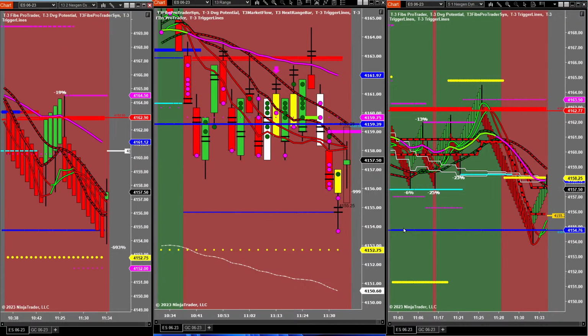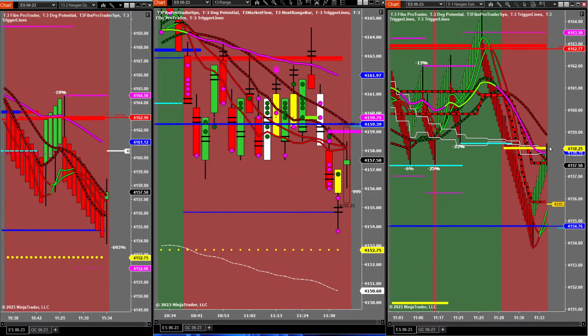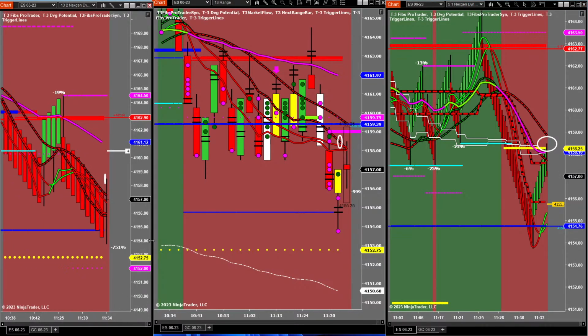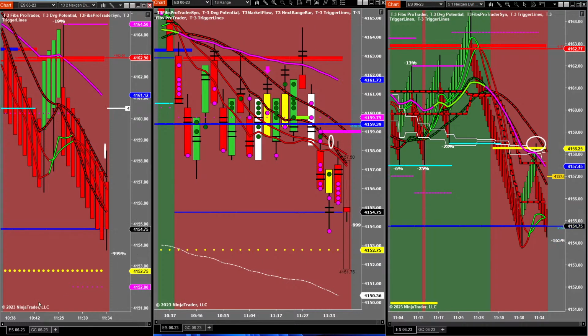All right, now, like I said, we have to ask ourselves, do we want to go short with a trend trade short right here? What's the difference? Is there a difference? Do we get one more short?